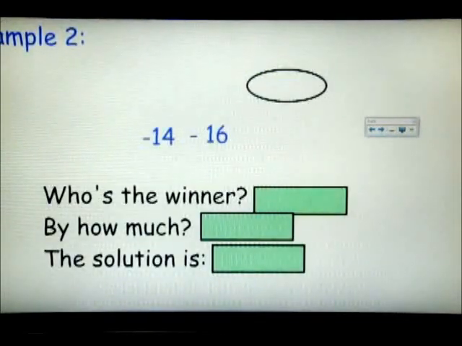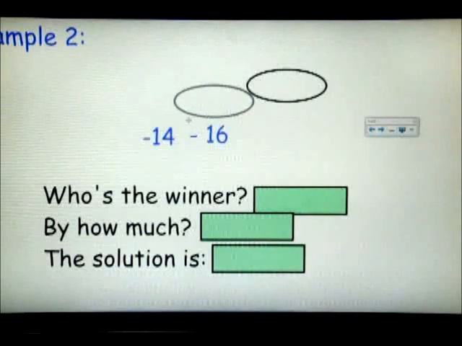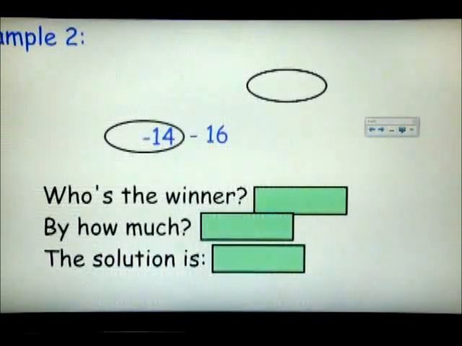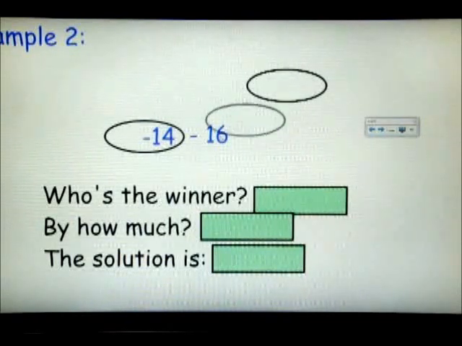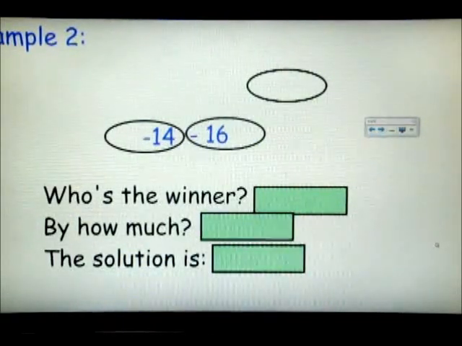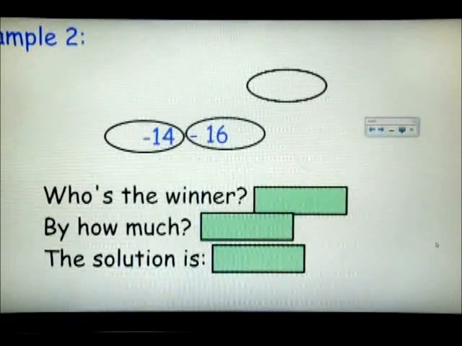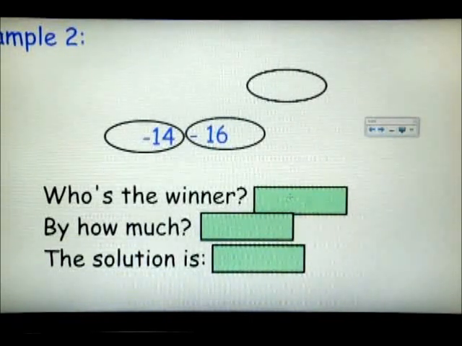Example 2. We want to make sure we keep the sign in front. So this is a negative 14. Even though, notice how it's typed here, it doesn't matter where it is. If it's in front of the number, it's got to hang out by that number, except for in one case we're going to see next. We have a minus 16. Between those two, who's the winner? Well, they're on the same team. They're both negative.